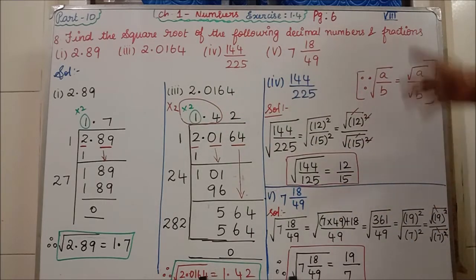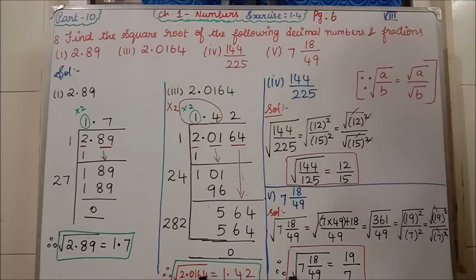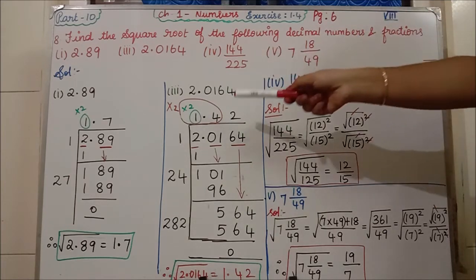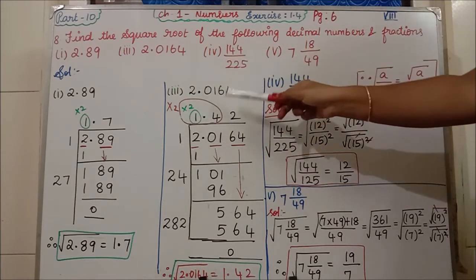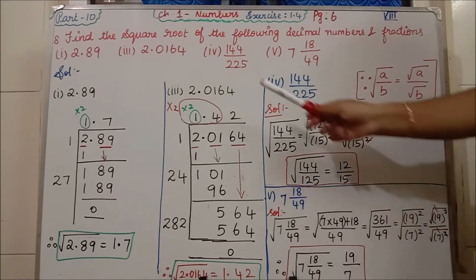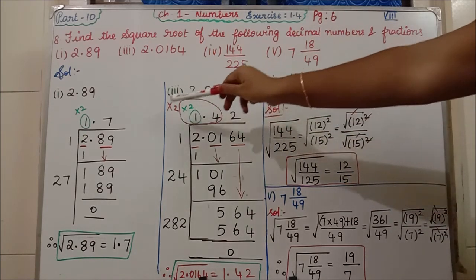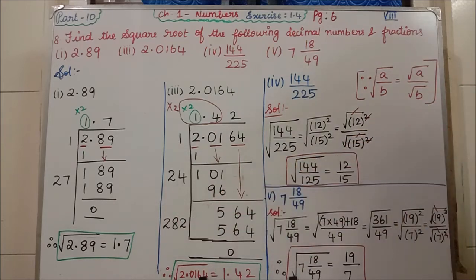Usually in the third step, whatever we are having in the quotient, that we will multiply with 2. Isn't it? So you should not take that 1.4. You have to take it as 14. That 14 you have to multiply with 2. So if you multiply 14 with 2, what we will get? We will get 28. That 28, see, I have written here. Clear?